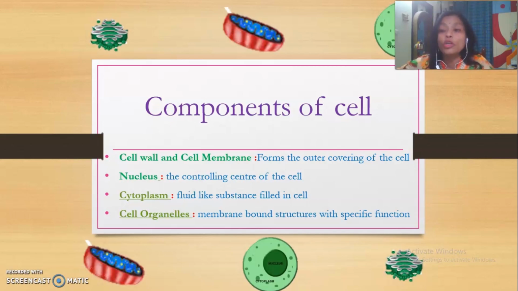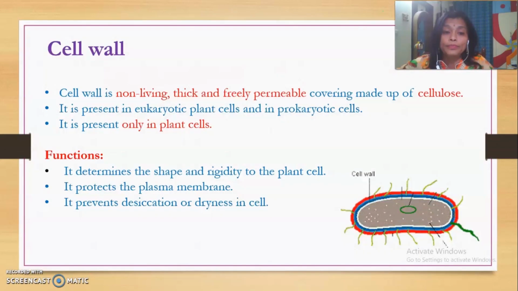So let us move on to the cell wall. Cell wall is the outermost covering of the cell. It is non-living, very important, note it. It is non-living, thick and freely permeable. Freely permeable means that it allows all the substances to move in and out of the cell.